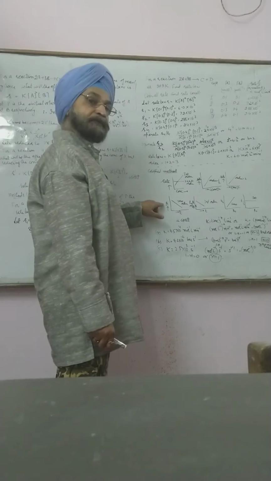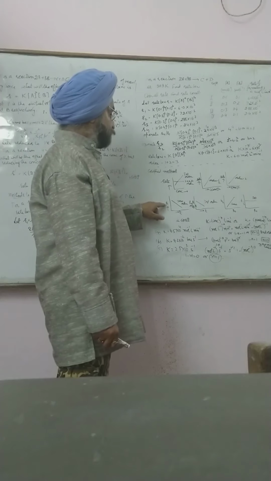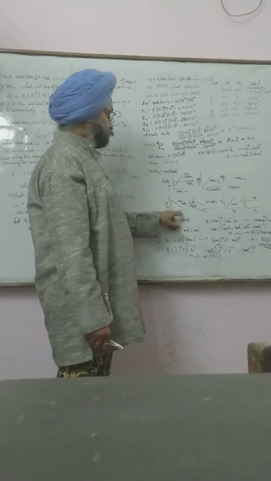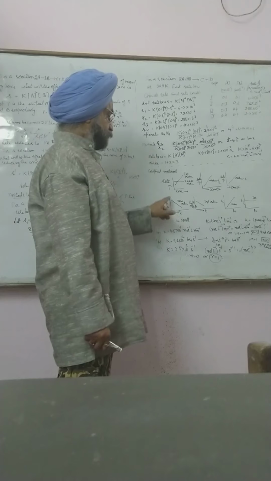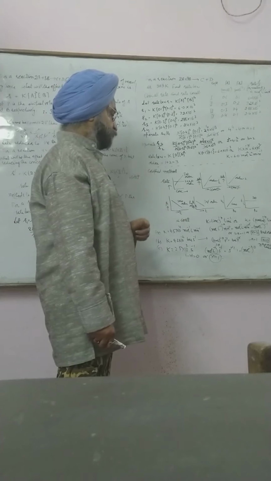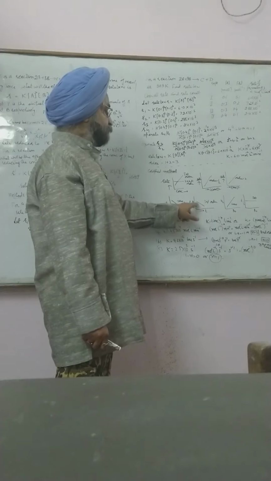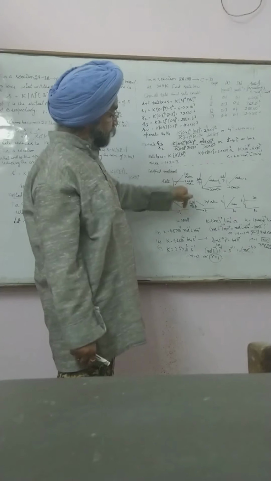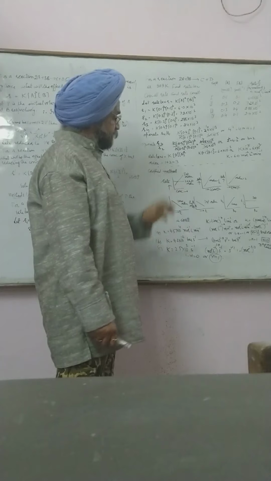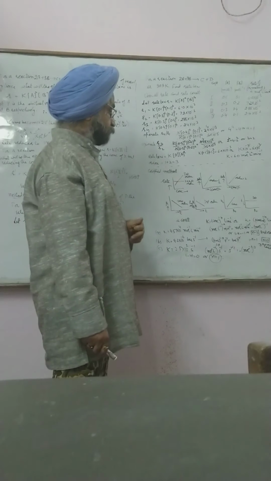Initial concentration of reactant, or concentration after time t, against time: then it is a zero order reaction. If natural log of A or log base A against time, then it is first order. If 1 by A against t, then it is second order.